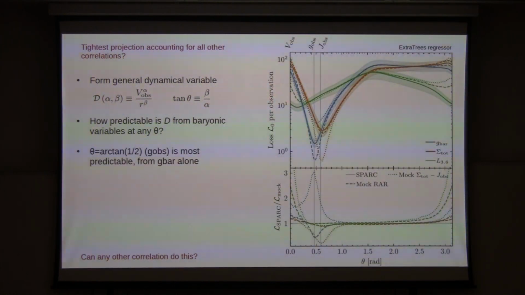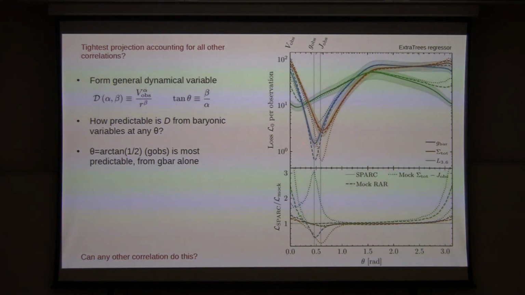So this shows the result. I'm taking here just the 3 baryonic properties that turn out to be most relevant: gbar, the surface brightness of the galaxy, and total luminosity at 3.6. You can see that the trough here, which is the quantity that can be predicted best by these dynamical variables, is at exactly the theta value corresponding to gobs, which is arctan of a half, and it is predicted best by gbar.